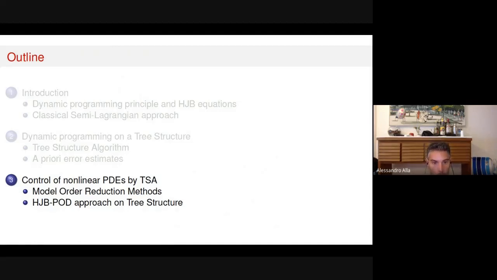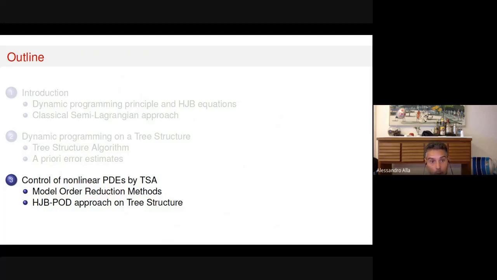The problem that I presented was a one-dimensional PDE, and then we got into a discretized problem of dimension 1000, let's say. Now we want to go to control a two-dimensional PDE. So just to make it clear, we have a PDE, we do discretization of the PDE, so we have a system of ordinary differential equations.